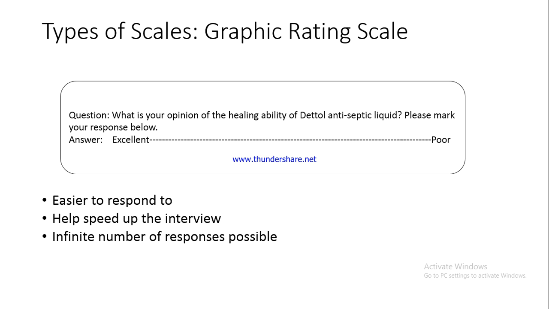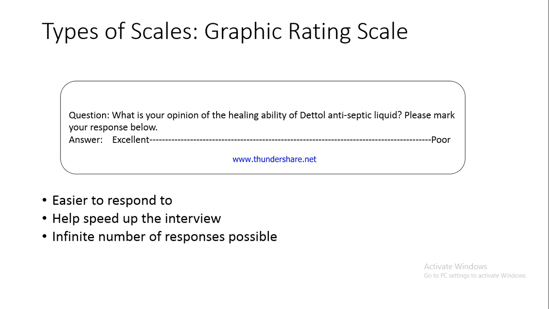I'll give an example. Suppose the respondent feels that the healing ability of Dettol is even better than very good. It is very much near to excellent, but it is not exactly excellent. Then he will mark his response very, very close to the left extreme, that is excellent.